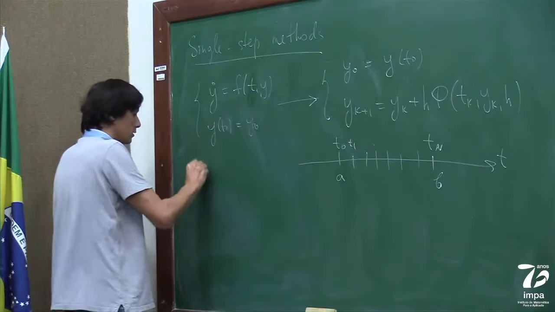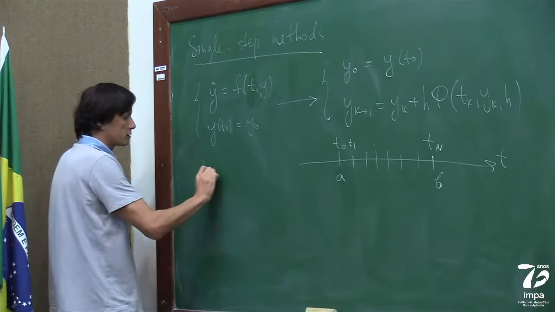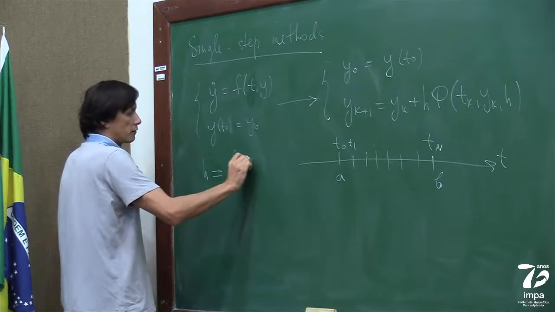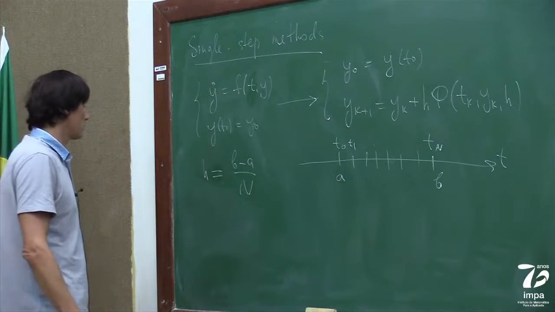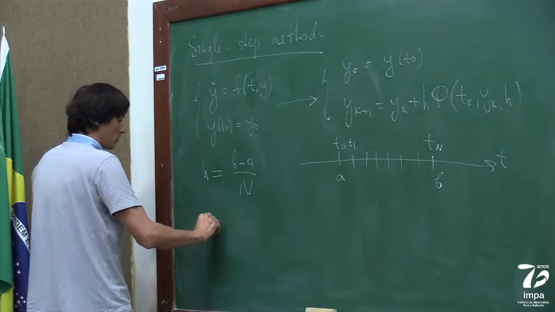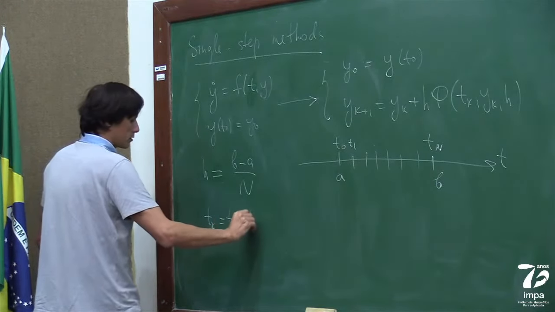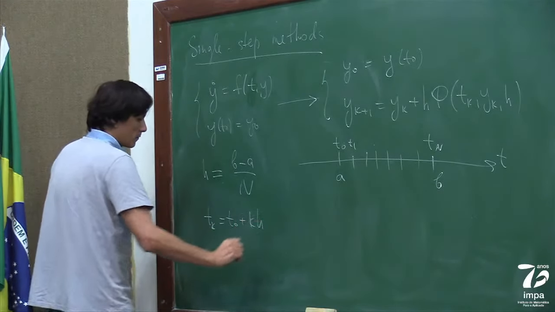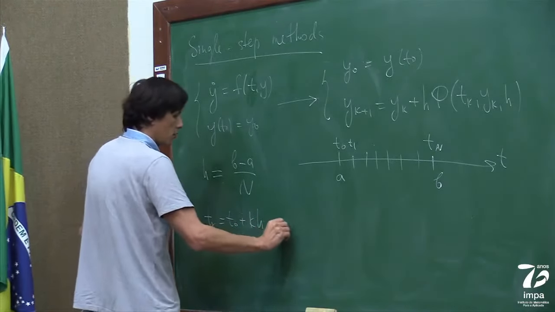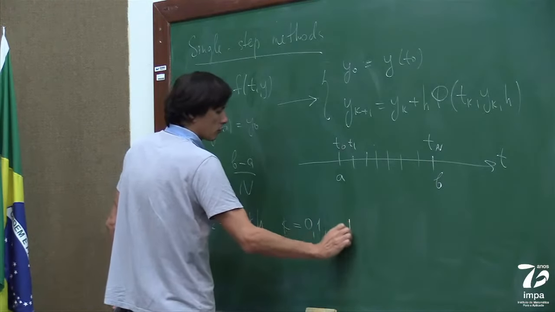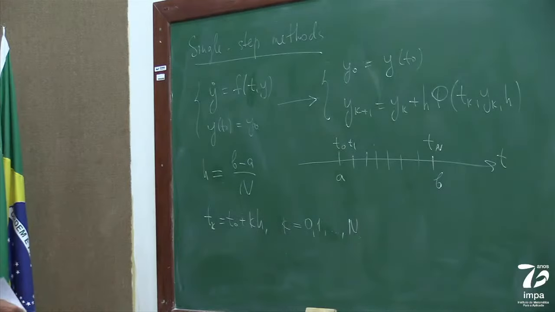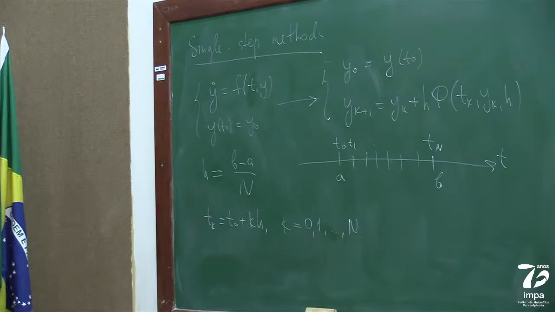The size of the time step is the size of the interval divided by the number of subintervals, and t_k is t_0 plus kh, where k goes from 0 to N. So this is the setting of a general single step method.